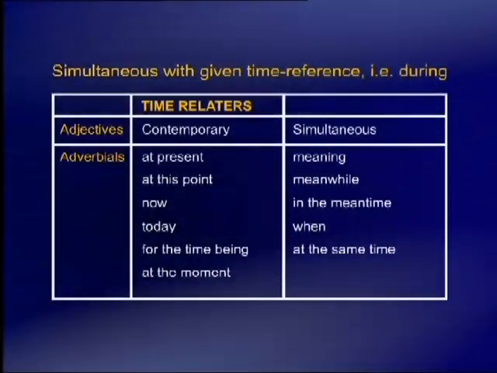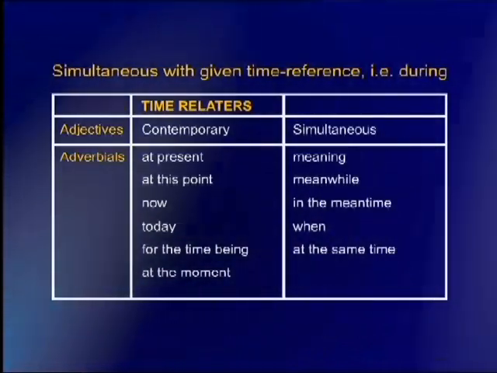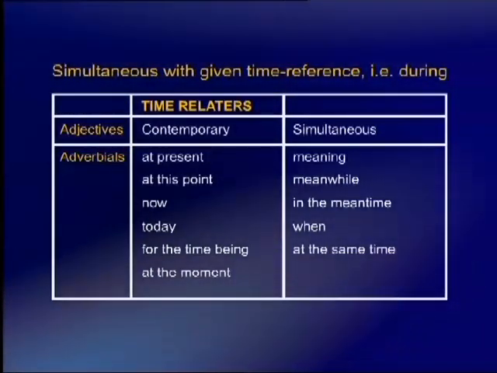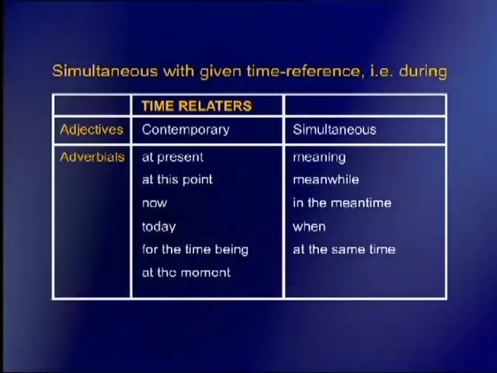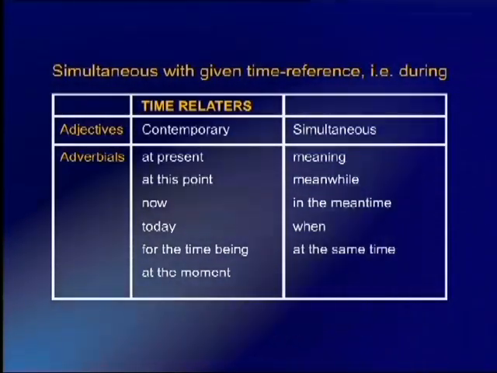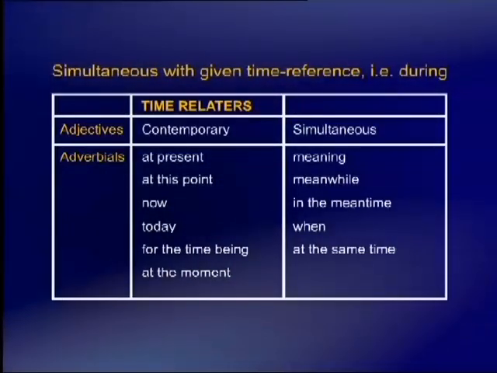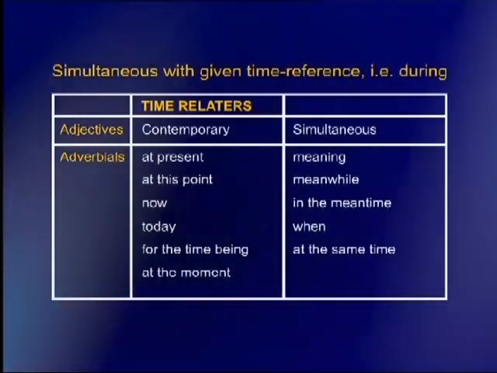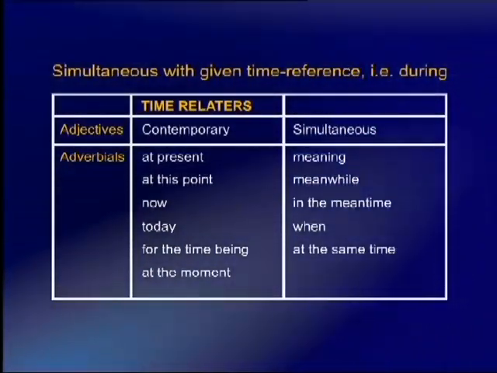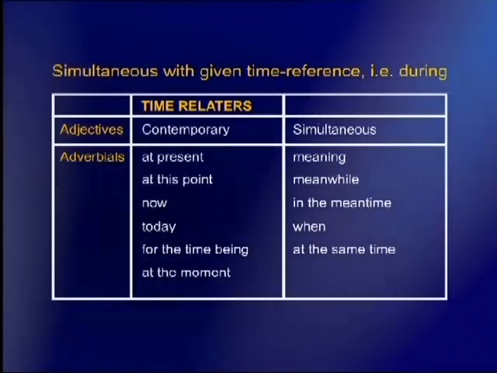For instance, you have adjectives like contemporary, simultaneous, adverbials like at present, at this point, now, today, for the time being, at the moment, meanwhile, in the meantime, when, at the same time.